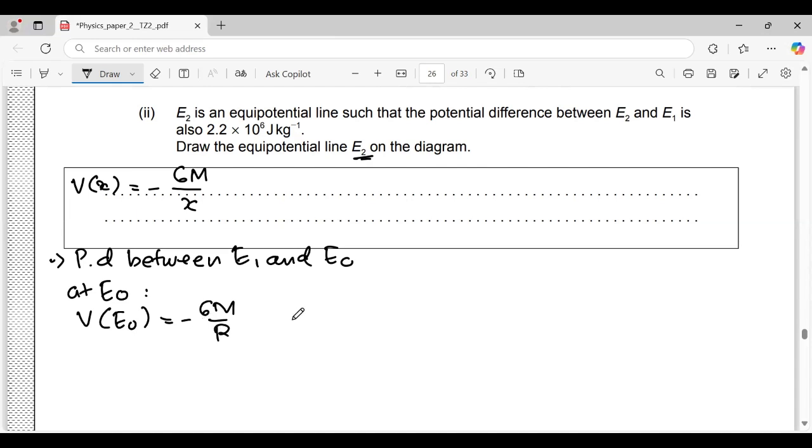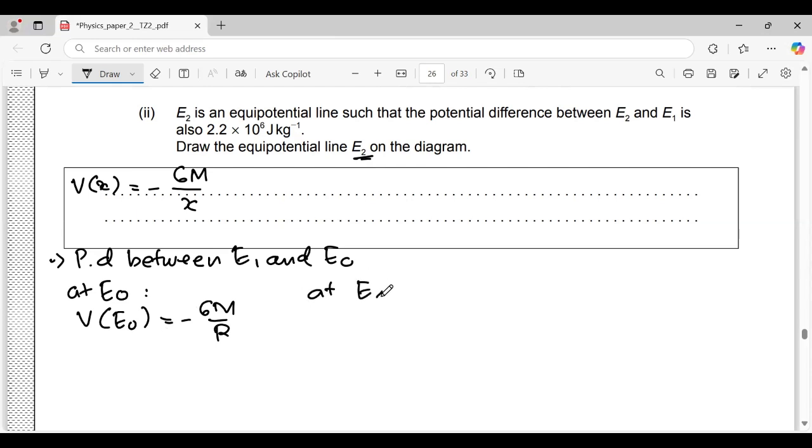R is the distance, G is the same gravitational constant as before, and M is the mass of the planet. This is at E0.